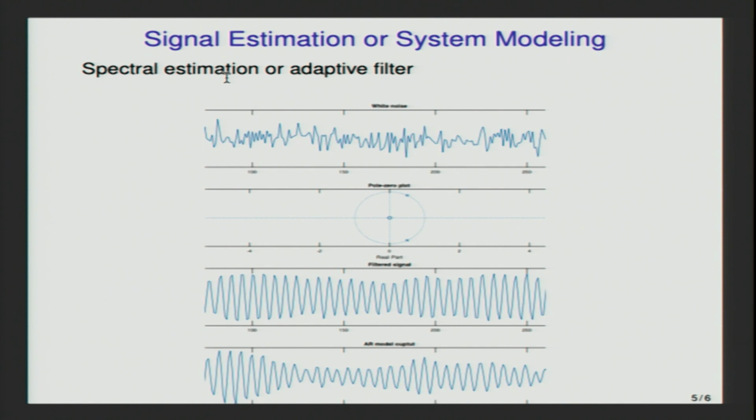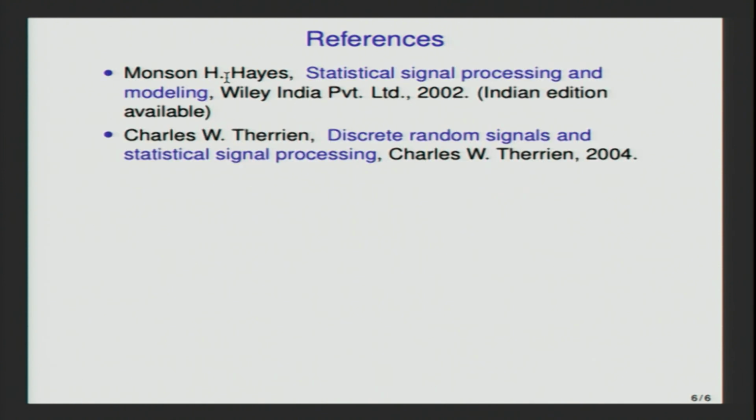With that brief introduction to what this course would be and the outline of this course, I would like to point out these references. The first reference is a book by Professor Monson Hayes, on statistical signal processing and modeling. This is a recommended book which covers a wide variety of topics, including adaptive signal processing and appropriate prerequisite topics.